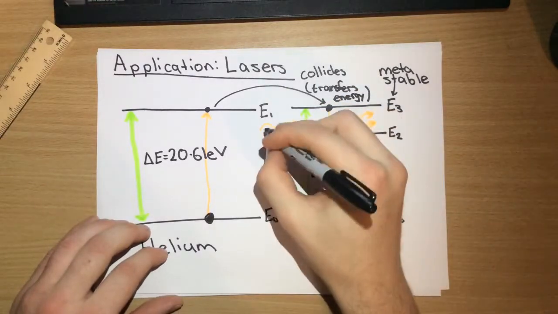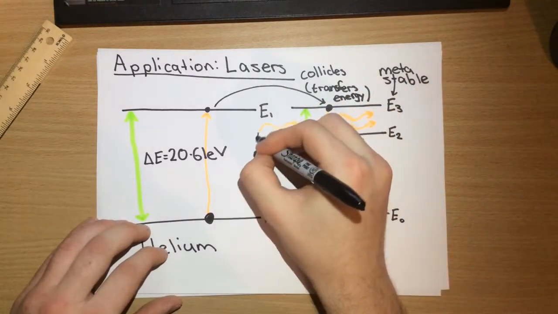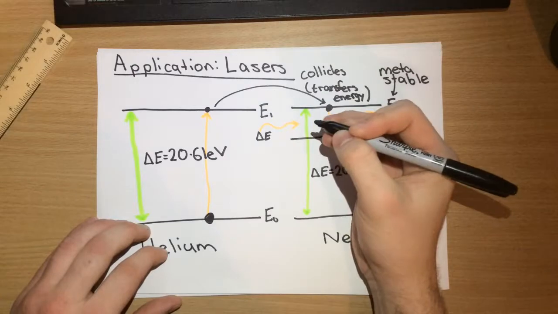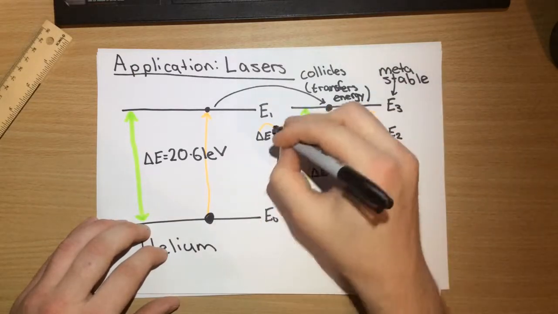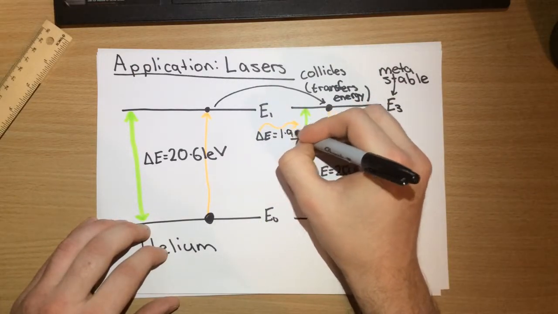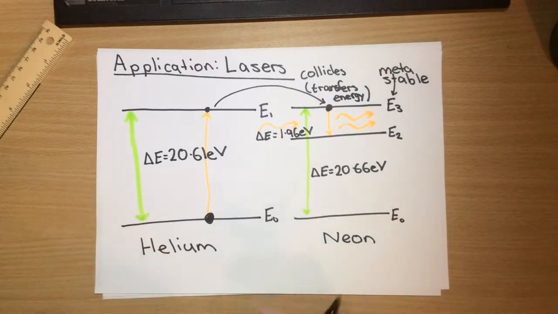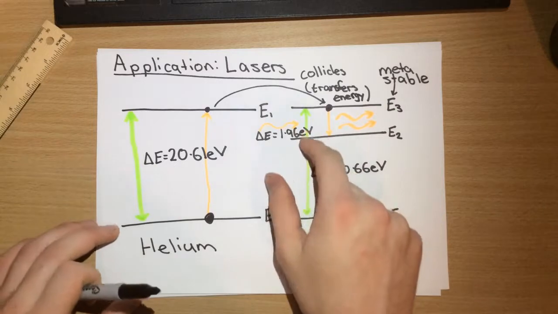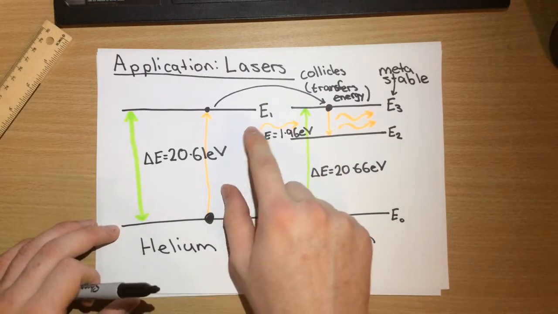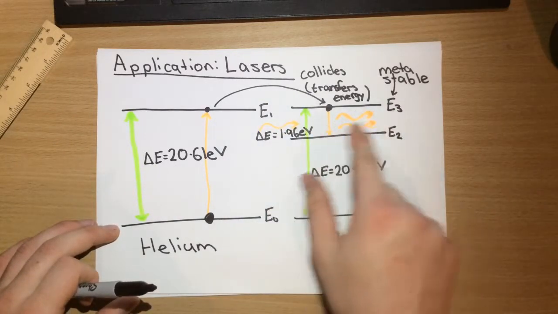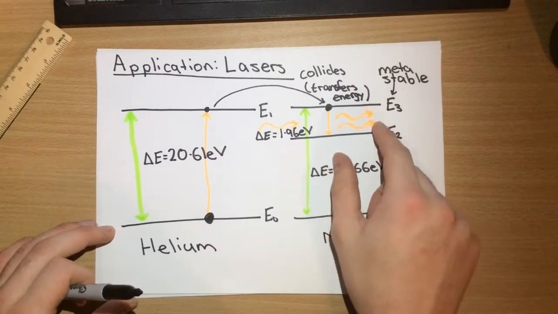Now the energy level gap here corresponds to delta E. The energy level gap is 1.96 electron volts, and what that corresponds to, if you do the math, is red light. So if we put some red light in, we're going to have two photons of red light come out.